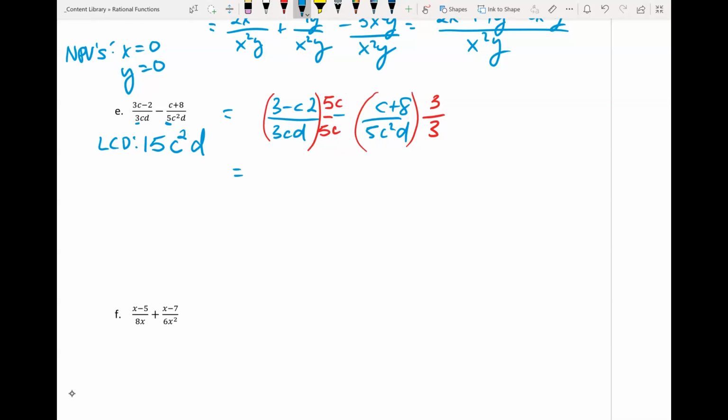Okay, let's simplify this. So this 5c is going to go into the 3 and into the 2. And this 3 is going to go into the c and into the 8. So we're going to have 5c times 3c, which is 15c squared. And then 5c times negative 2, which is negative 10c.